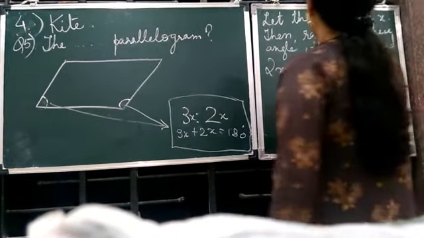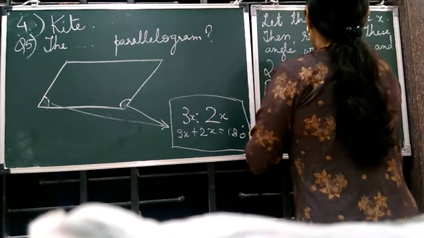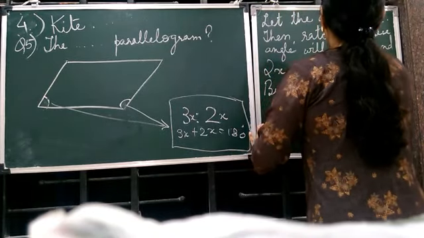So by using the property, then 3x plus 2x is equal to 180 degrees.